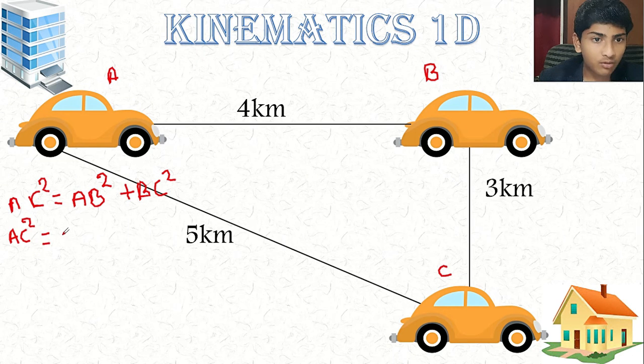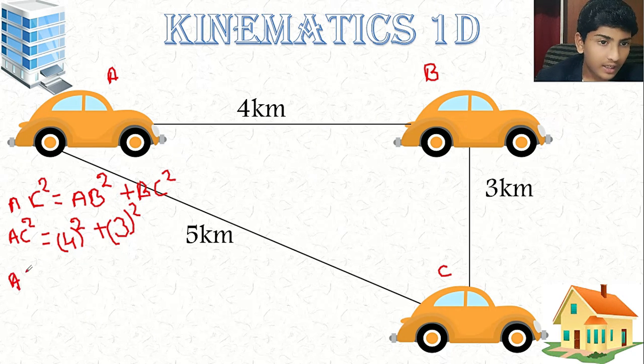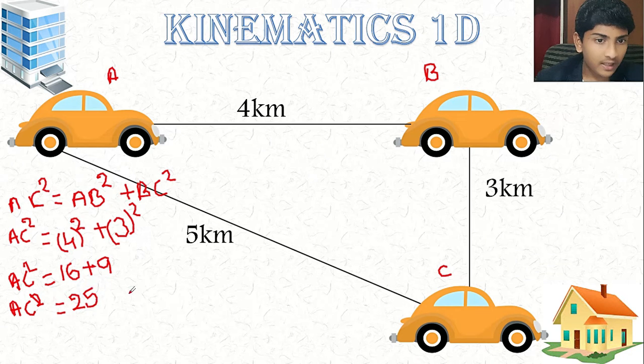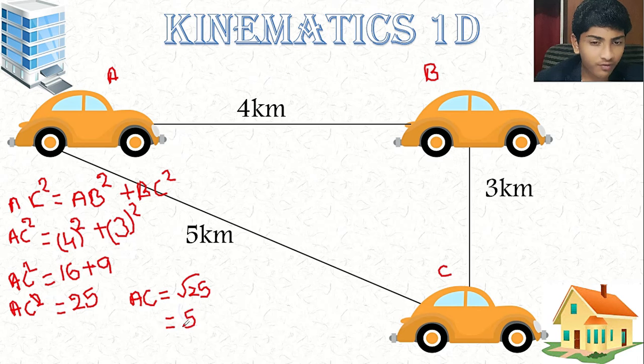AB square value is 4 square plus BC square, which is 3 square. Now AC square is equal to 4 square, that's 16, plus 3 square, that's 9, which is 25. AC square is equal to 25, so AC is equal to root 25. Root 25 is equal to 5.